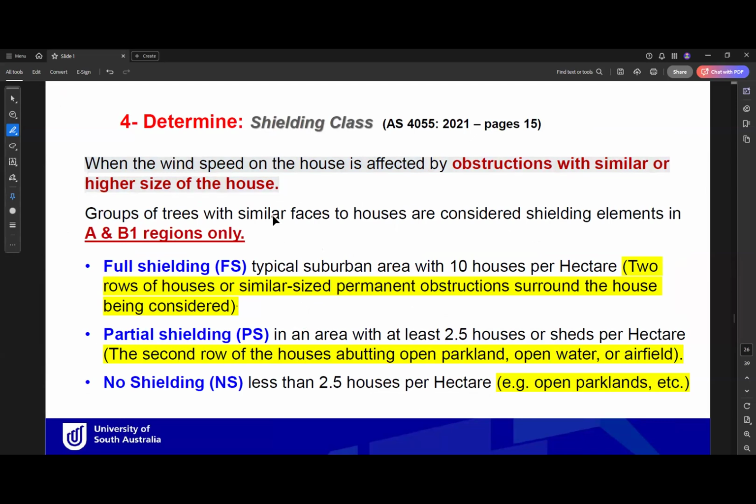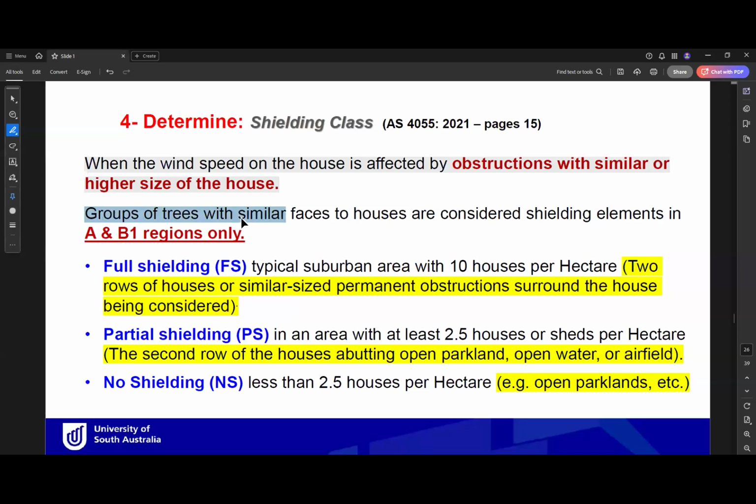So this means if you have a house near your designed house, of higher or the same height, this will reduce the wind forces applied to your building. So we need to consider the buildings surrounding the design building in our calculation.